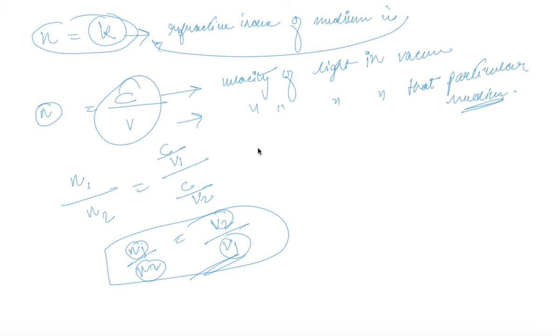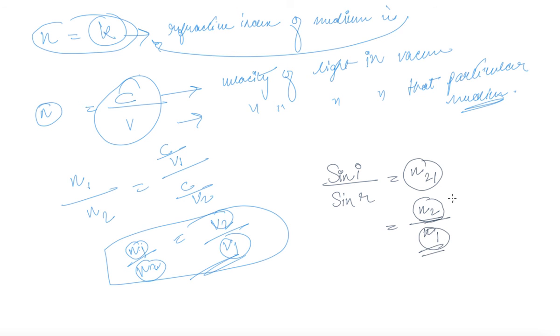So when we look at Snell's law, it was given by sin i by sin r is equal to n2 of 1. What does n2 of 1 actually mean? N2 of 1 actually means n2 upon n1, that is the refractive index of medium 2 with respect to medium 1.